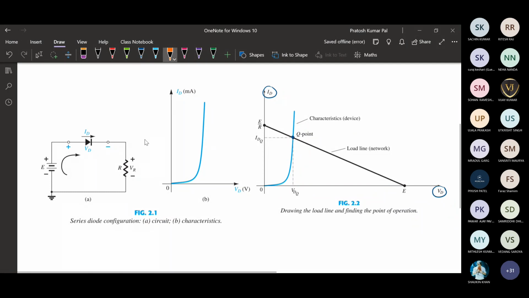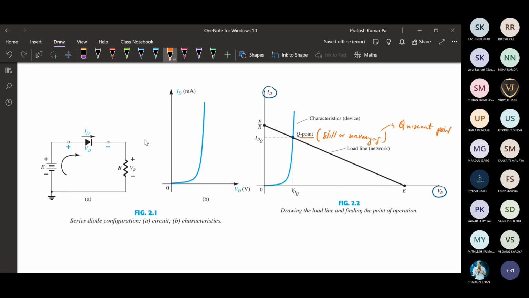This point is called the Q point, or the quiescent point. It is a point that does not move or vary, which is why it is called a still, or unvarying, point.